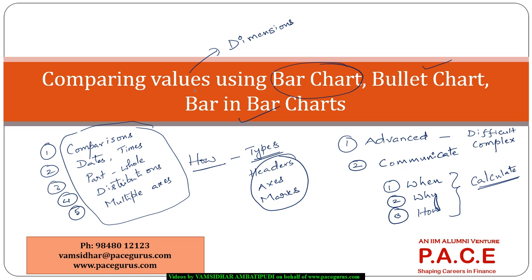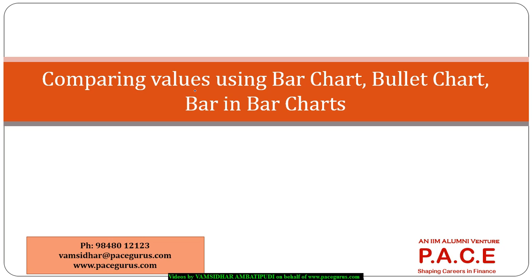Alright. So first let's look at the comparison of the values across the different dimensions. Some kind of measures, right? The objective is I want to compare some kind of measures across the different dimensions.